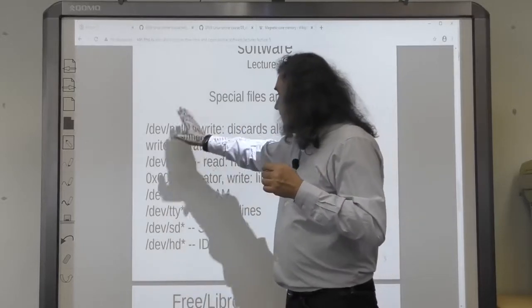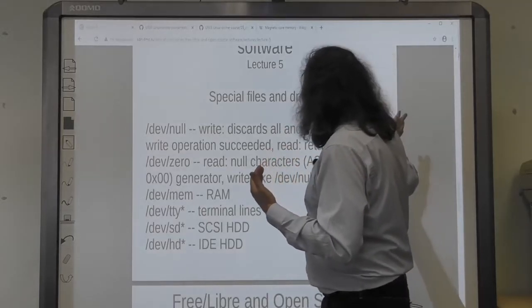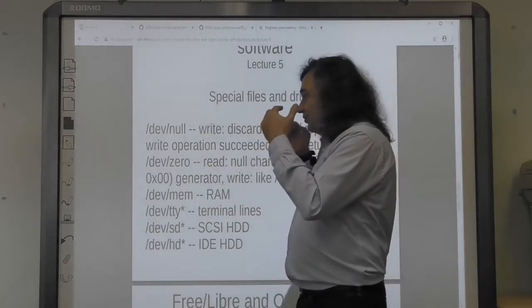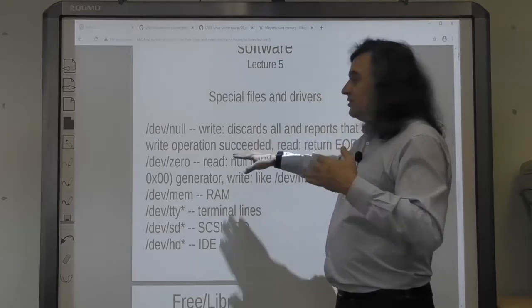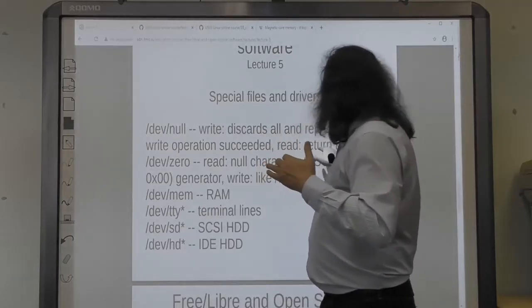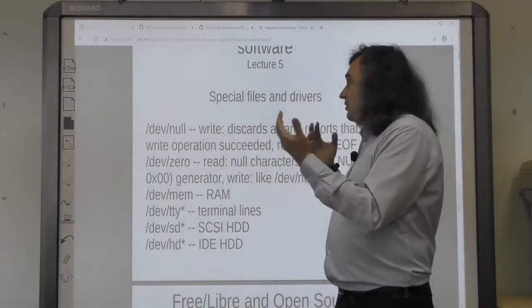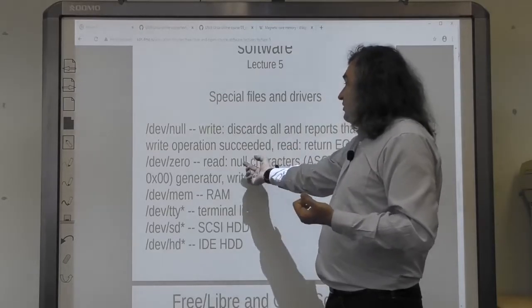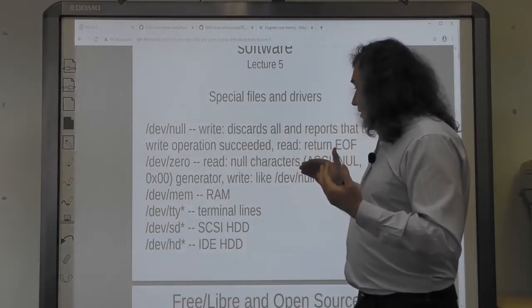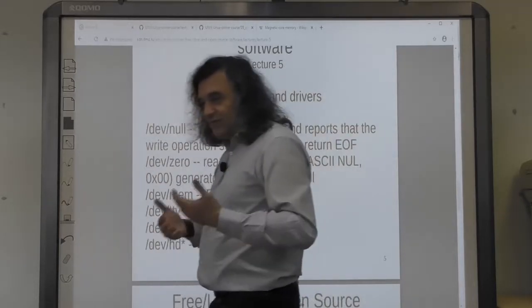For example, /dev/null, which on write discards everything and just reports success. On read, it just returns end of file. /dev/zero works like /dev/null on write, but on read returns only null characters. We may use this file as a generator of zeros.